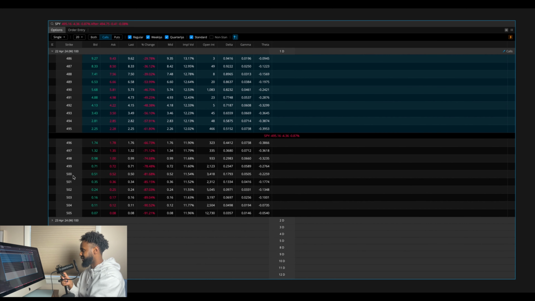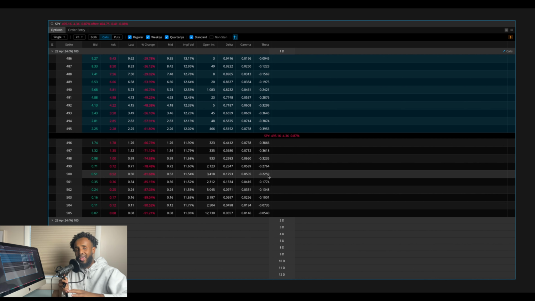Compare that to a 1-day expiration where you buy contracts that are out of the money, so you buy 500 calls. These calls are going to cost you $52. But look here, every day they lose $22. So without you doing anything at all, these contracts will lose 50% of their value every day, which means if you don't sell them right away, they basically go worthless.